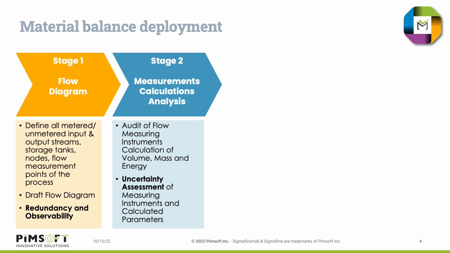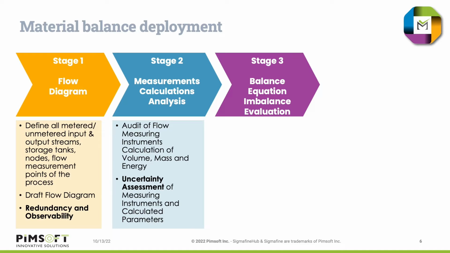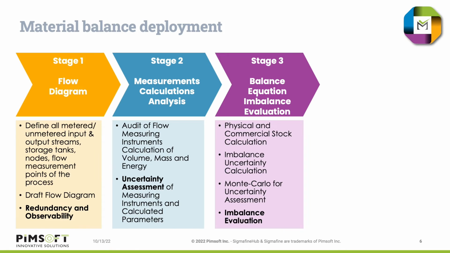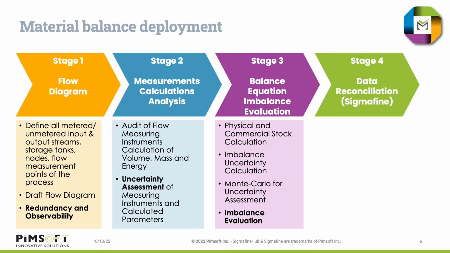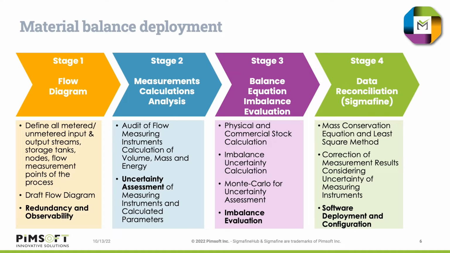Then we move on to the third stage, where the imbalance is evaluated. And the final stage is using the Sigmafine data reconciliation models to ensure that we receive reconciled data which will help to reduce the material imbalance in these refineries.